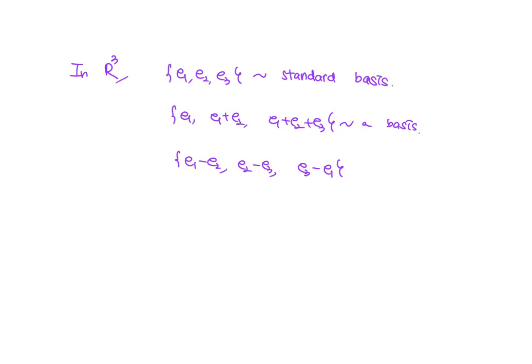C1 is 1, C2 is 1, and C3 is 1. So when I add E1 minus E2, E2 minus E3, and E3 minus E1, you get the zero vector, so it is linearly dependent, so it cannot be a basis, right? Then how about E1 plus E2, E2 plus E3, E3 plus E1?